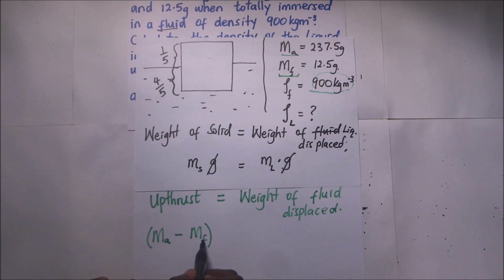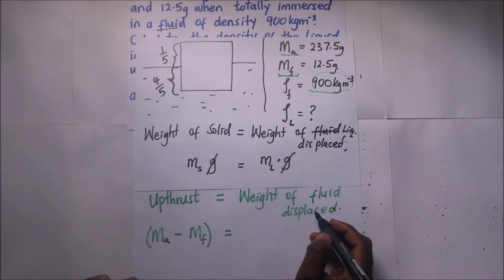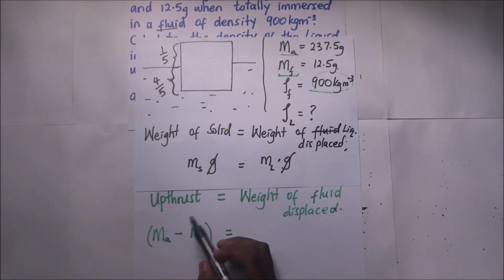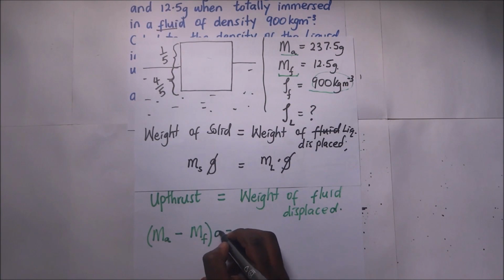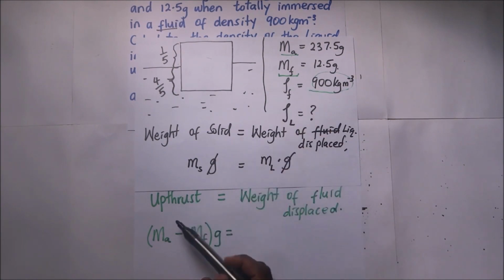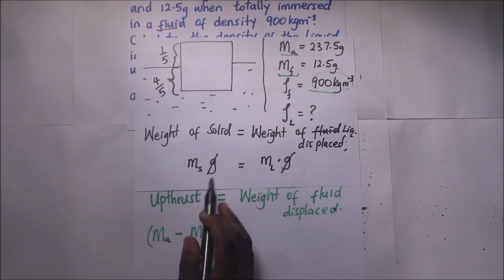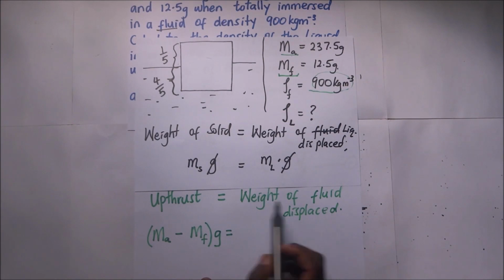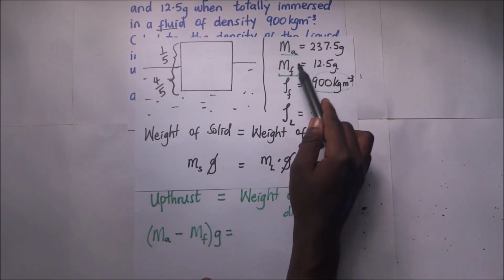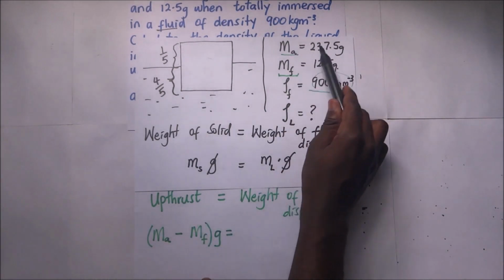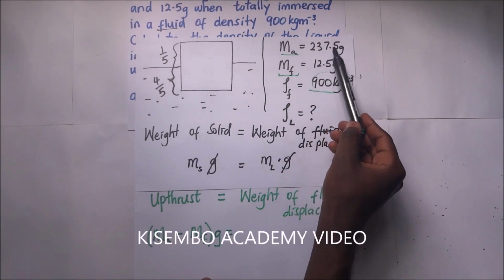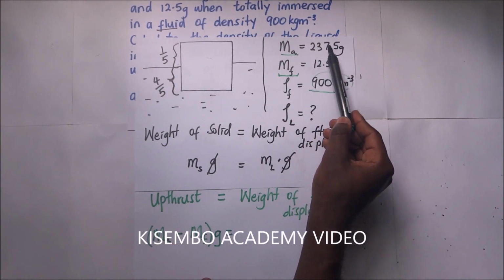So mass in air minus mass in fluid is going to be equal to the weight of the fluid displaced. We shall multiply that by gravity, because here upthrust is equal to the weight of fluid displaced. But the figures we have here are in grams. This is mass. So to convert them to weight is this mass times gravity.